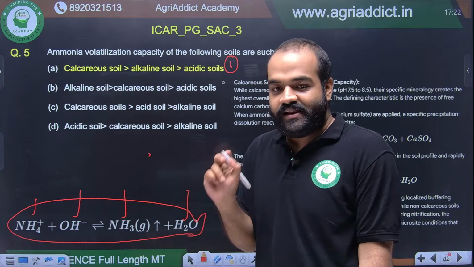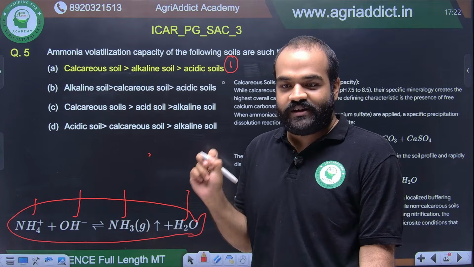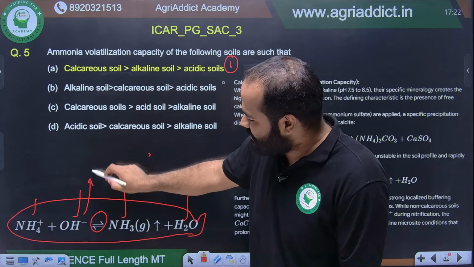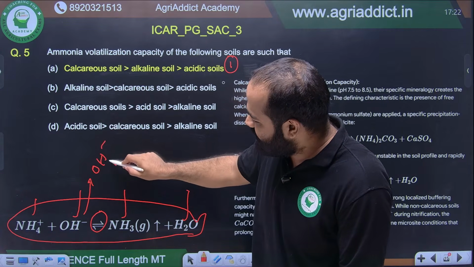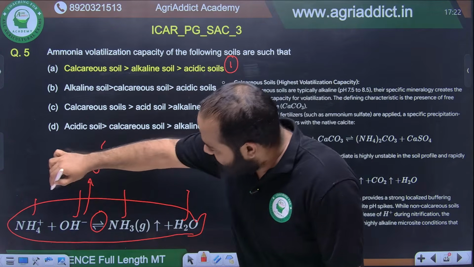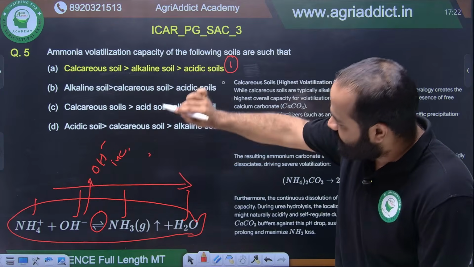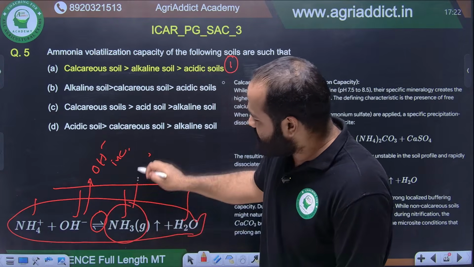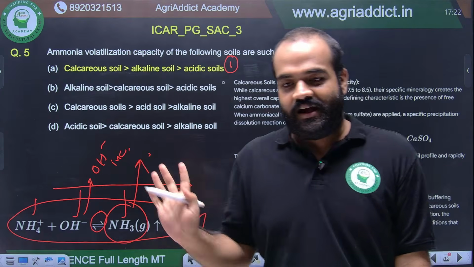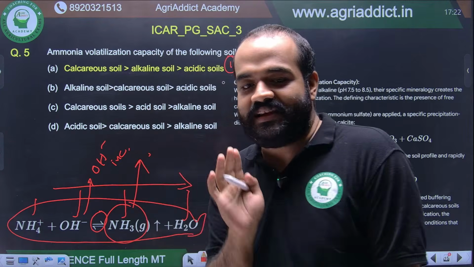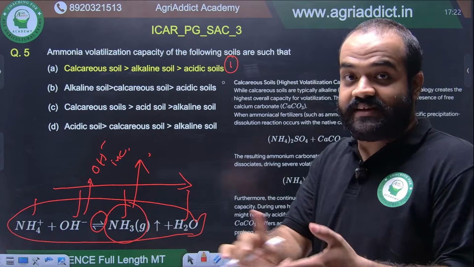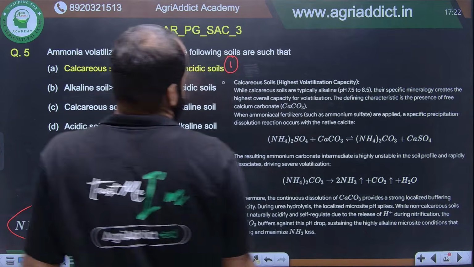So simple Le Chatelier principle, ये इक्विलिब्रियम कंडीशन में है, तो अगर OH माइनस बढ़ जाएगा, if it increases then the reaction will move towards this side, यानी कि जितना pH बढ़ेगा उतना अमोनिया वोलेटिलाइजेशन बढ़ेगा. This is पक्का. So acidic soil will have the least. This is done. Now why, what between calcareous and alkaline में अब क्या सीन है देखते हैं.